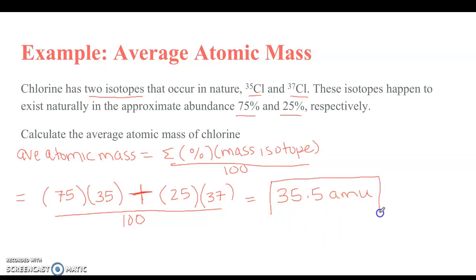And here is the average atomic mass of chlorine. The reason we do this is because whenever we have a sample of chlorine, it is understood that it's actually a combination of chlorine 37 and chlorine 35, so we use this average atomic mass for our subsequent calculations.